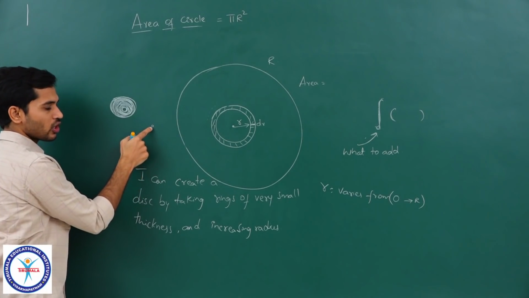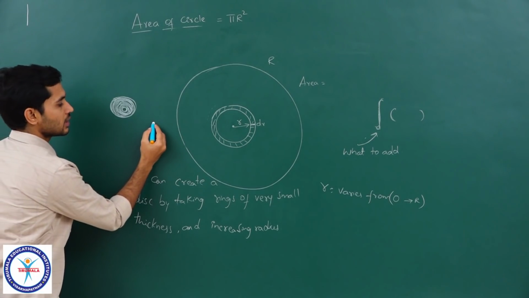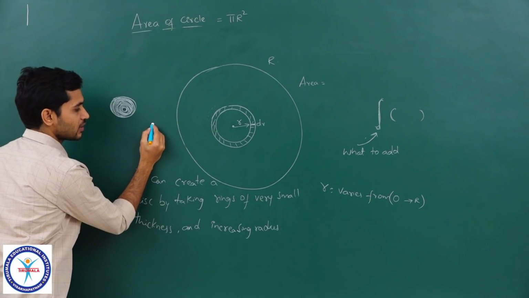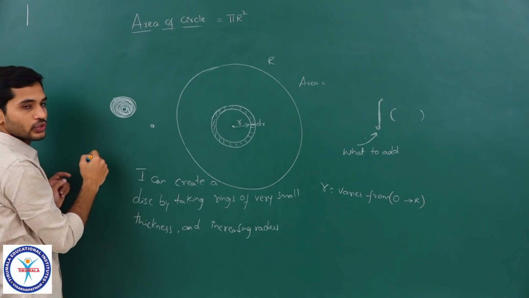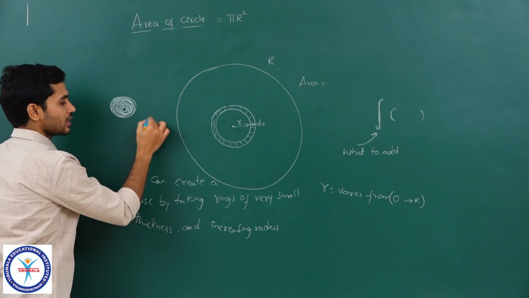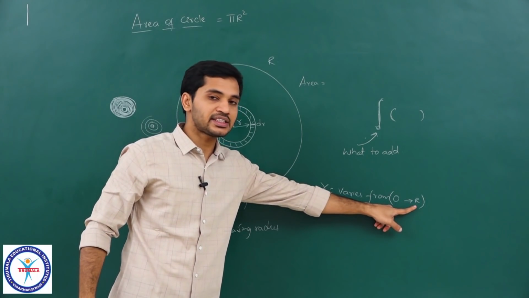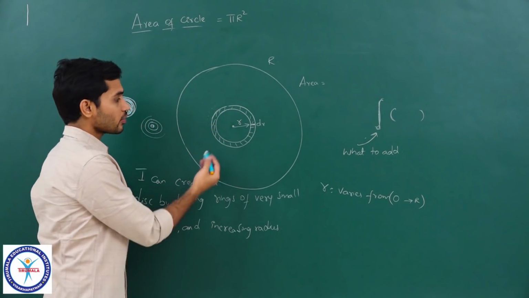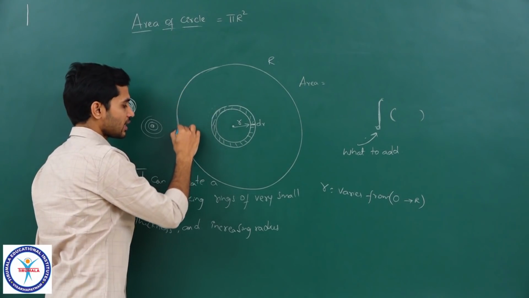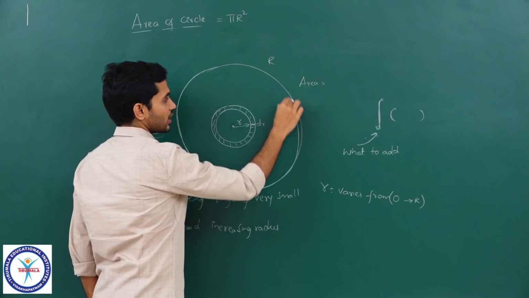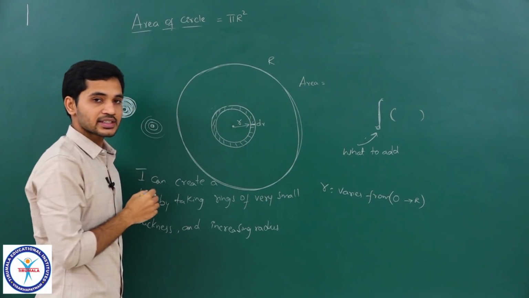Then I will put another ring of slightly larger radius, as I have told you here. Higher ring, higher ring, higher ring. Till where am I doing that? Till I reach a radius of R. So what am I going to get? I am going to get a disc of radius capital R.